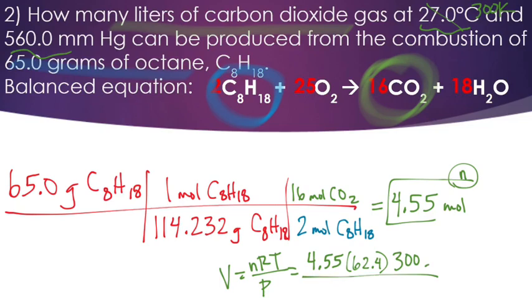I know I found it a second ago. There we go, 560. And when we do all of this multiplying and dividing, we end up with a pretty big volume, 152.1, but I would want to keep this to 3 sig figs since I've got several 3 sig fig numbers in here. And just like the last problem, we'd put liters on that answer.